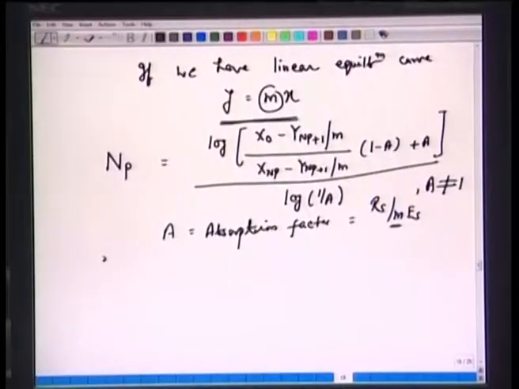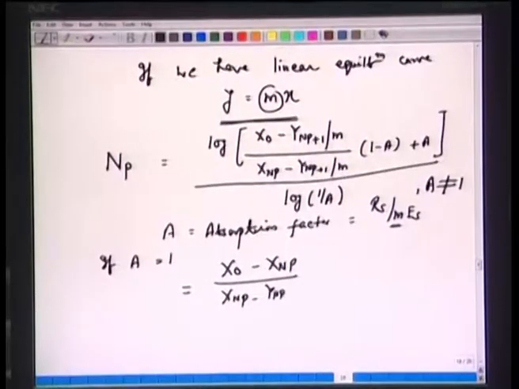If A equals 1, then we have a different expression for NP, simplified as (x0 minus xNP) over (xNP minus y(NP+1) over m).